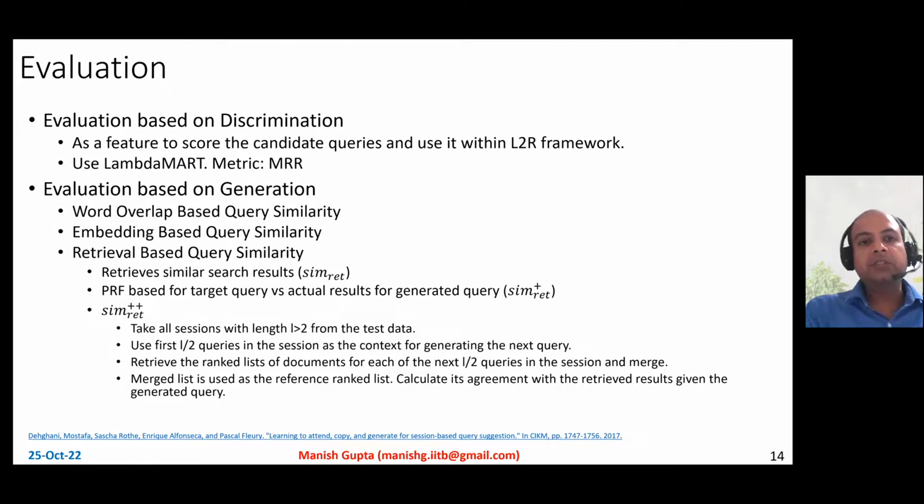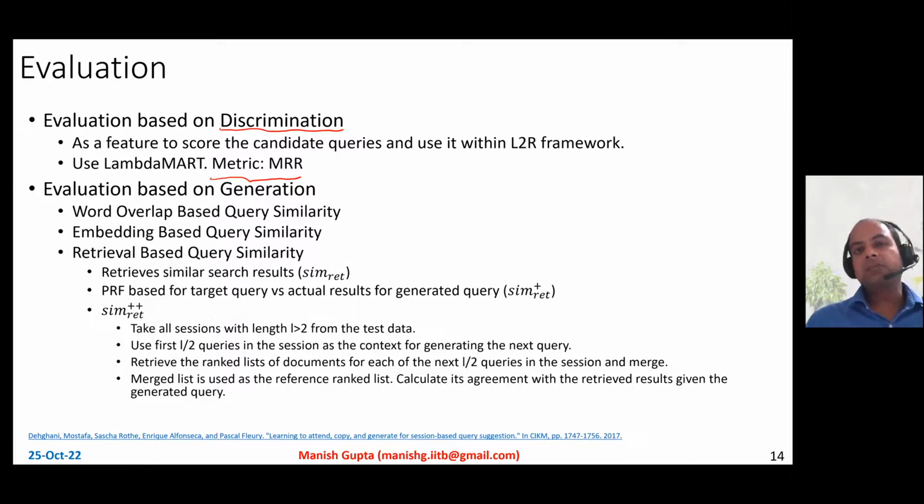In fact, the evaluation was done in two parts, two kinds of metrics, one based on discrimination. So basically just trying to figure out if the candidate query is going to be ranked high up by this copy generator model. So the generative probability is used as a feature, right? And the metric used to evaluate this discriminative power is MRR.